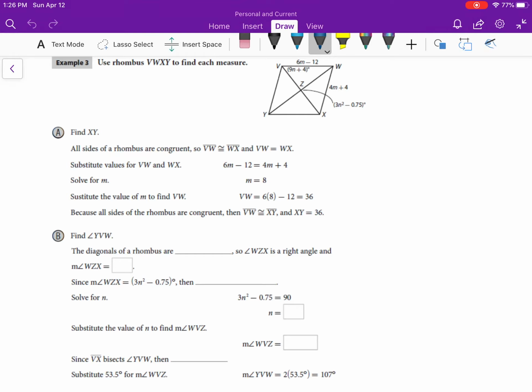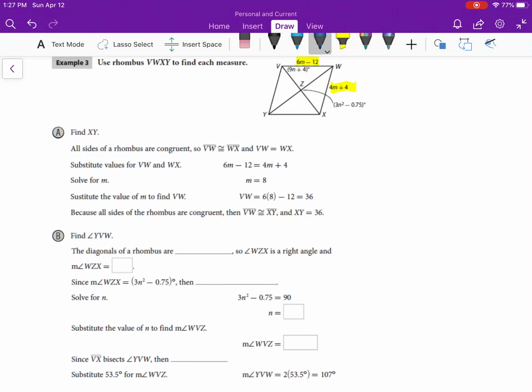So when I'm looking, VW and WX are congruent in this rhombus. And those are our two sides that have an algebraic expression in them.